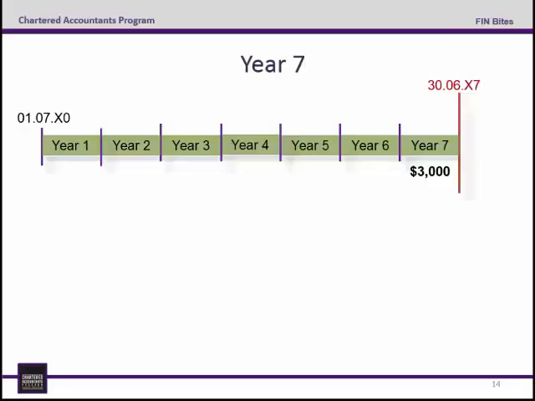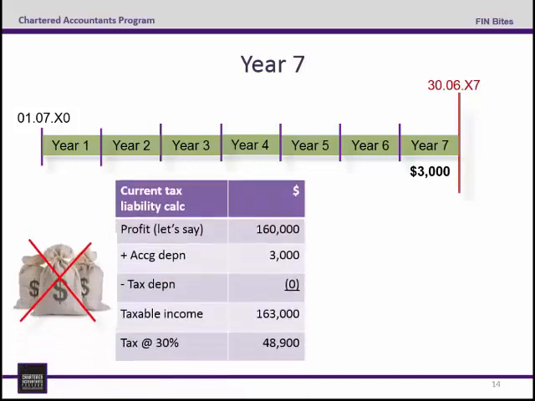Okay, I'm now going to jump the gun and say, let's have a look at what happens in year 7. Remember, year 7 is the last year of the machine's useful life for accounting purposes. My current tax liability calc, again, an assumed profit of $160,000, add back that $3,000 in accounting depreciation expense.